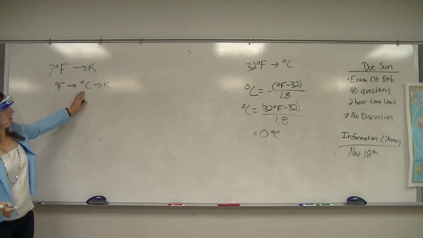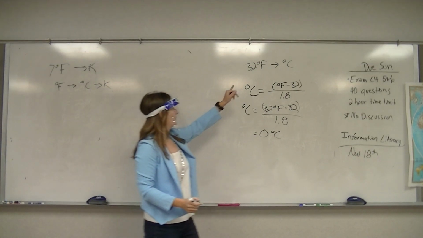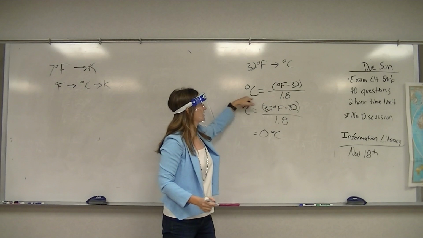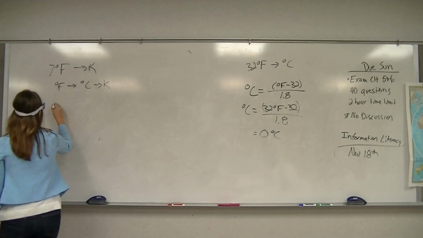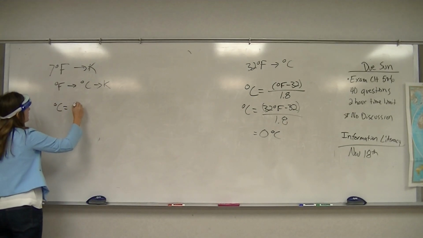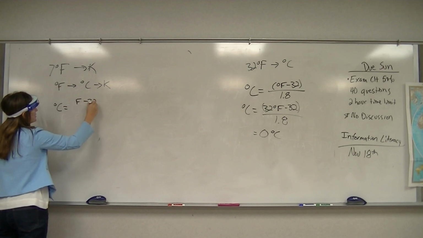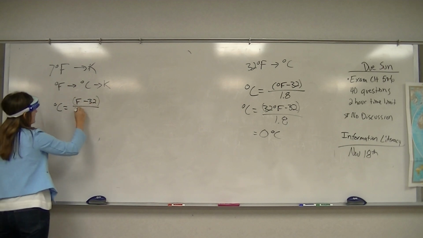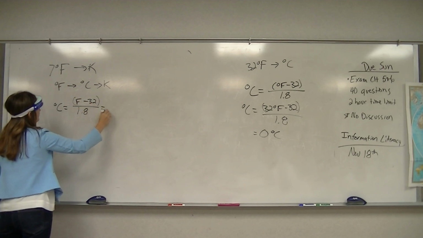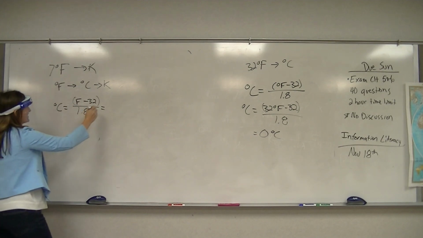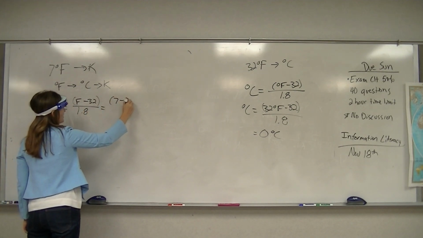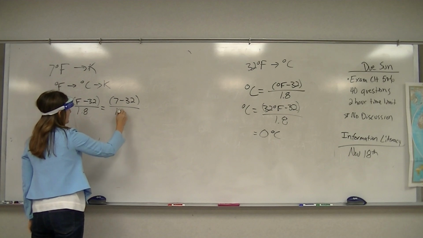So if you're trying to figure out Celsius, just like over here, we went from Fahrenheit to Celsius, so we're going to use the same equation. Take the Fahrenheit minus 32 and divide it by 1.8. So plugging in 7 this time. 7 minus 32, so we're going to get a negative number.